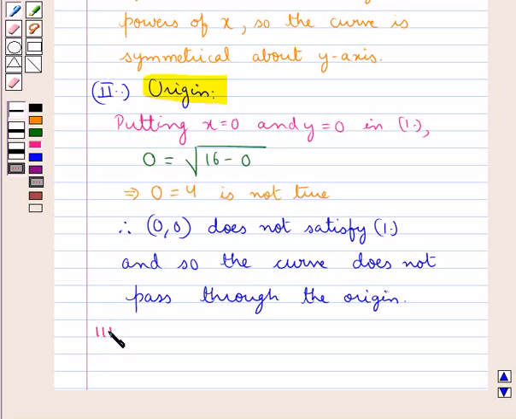In the next step, we find the points of intersection of the curve with the axis.